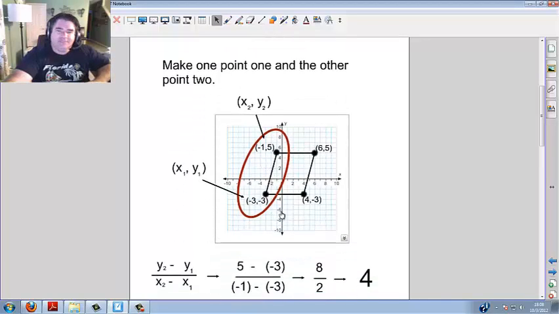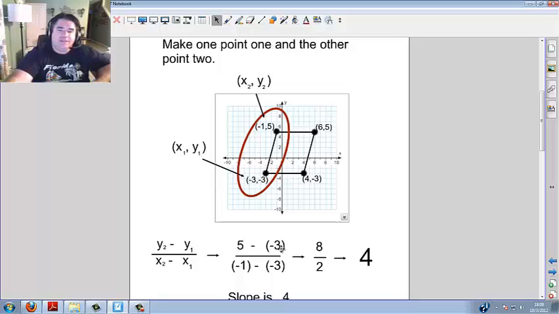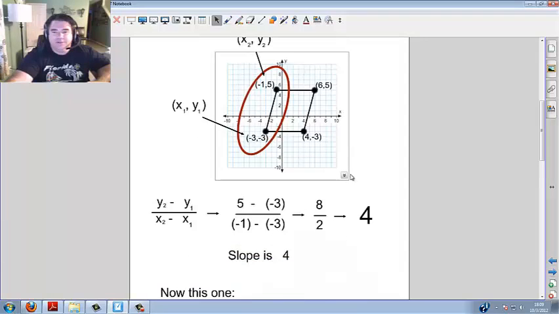So I'm going to take the y differences, which is 5 minus negative 3, over the x difference, which is negative 1 minus negative 3. So 5 minus negative 3 is positive 8, and negative 1 minus negative 3 is positive 2. 8 divided by 2 is 4. And if you notice, 1, 2, 3, 4 over 1, it fits.